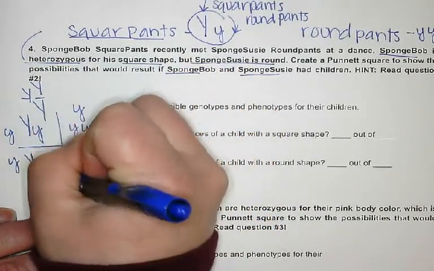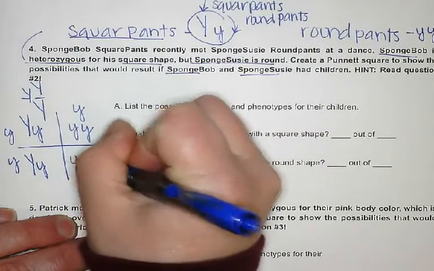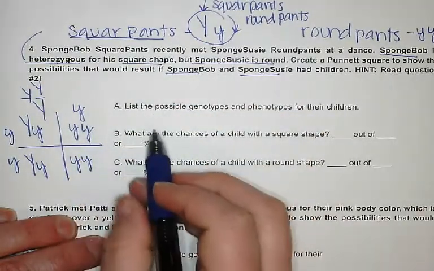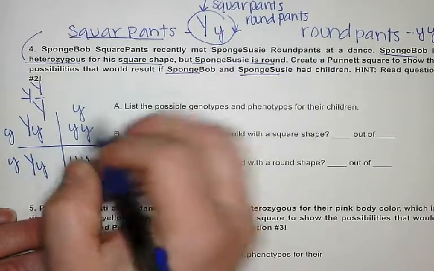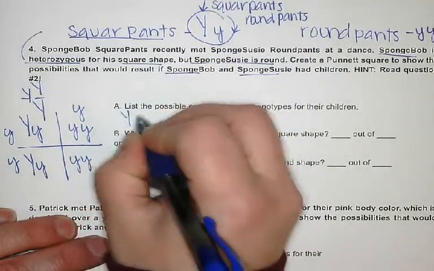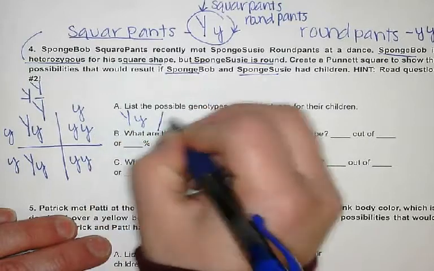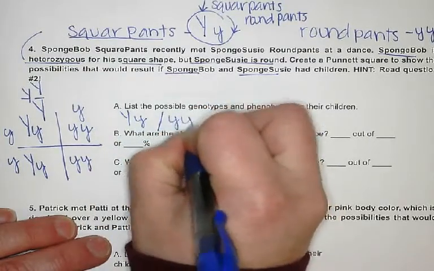Big Y, little y. Little y, little y. Little y, little y. So for genotypes, you can see big Y, little y, and little y, little y.